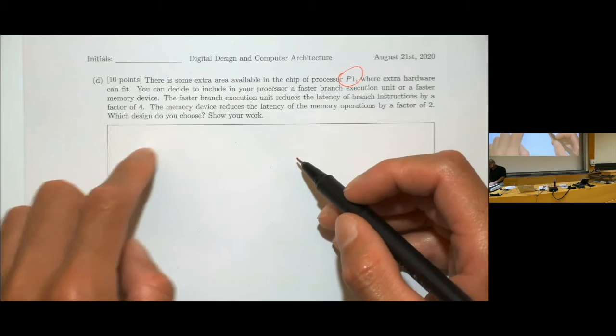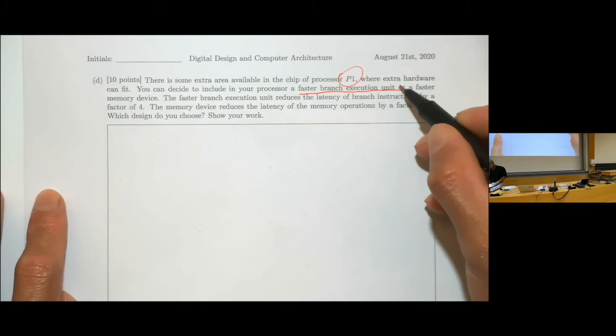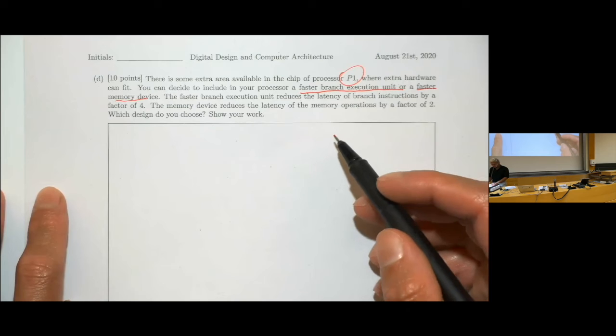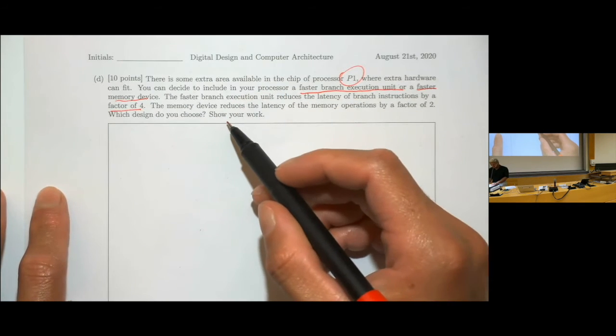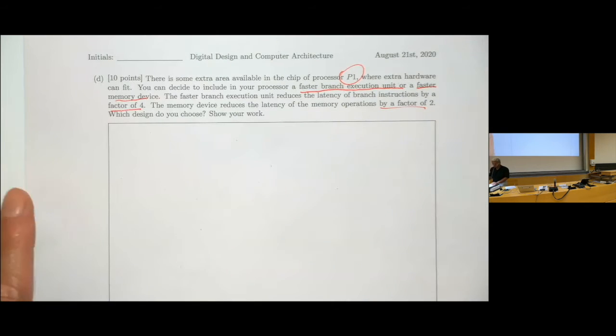You can decide to include in your processor a faster branch execution unit or a faster memory device. The faster branch execution unit reduces the latency of branch instructions by a factor of 4, and the memory device reduces the latency of memory operations by a factor of 2. Which design do you choose?